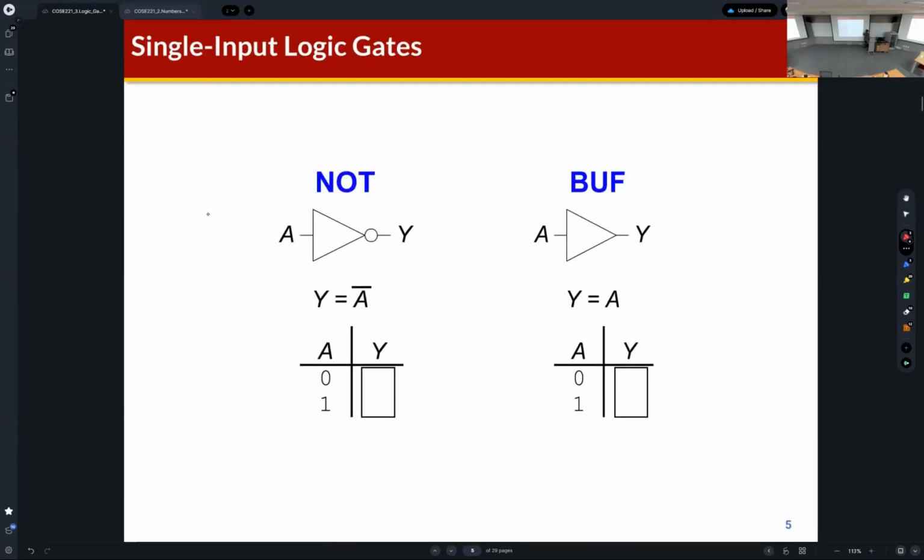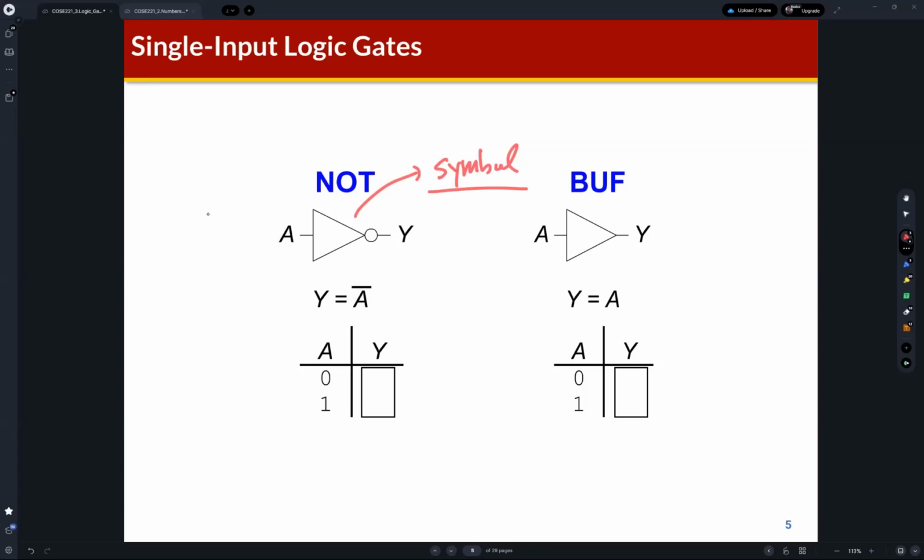Let's learn about the NOT gate and the buffer gate. While you are learning about logic gates, you first need to memorize the symbol. We can represent a logic gate like a black box, but each logic gate has its own symbol.